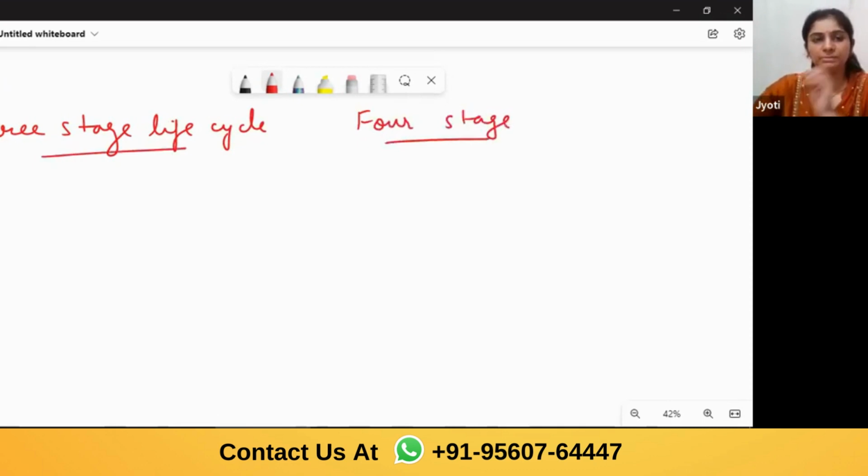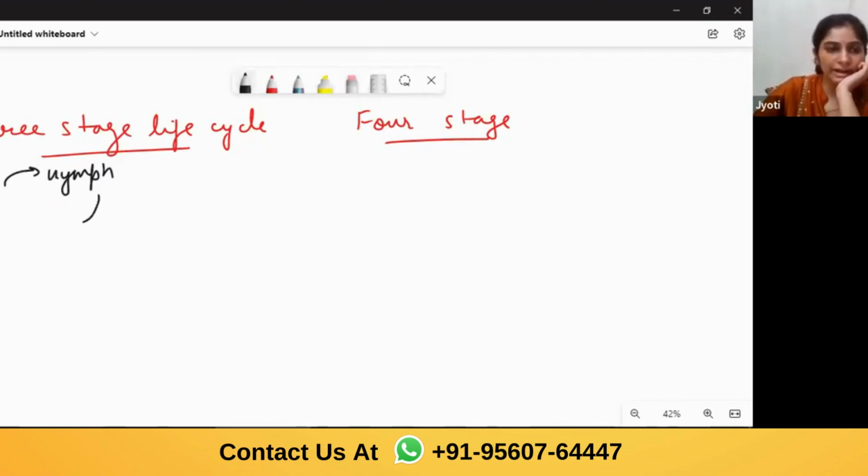I just want to say it very briefly. So it will be egg, nymph and adult. This is a 3-stage life cycle.